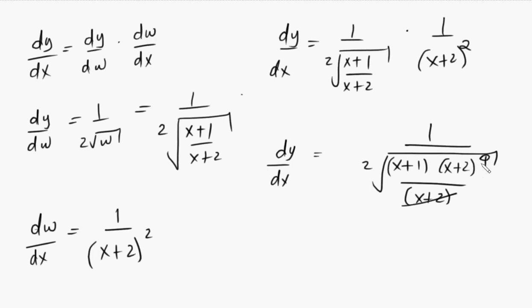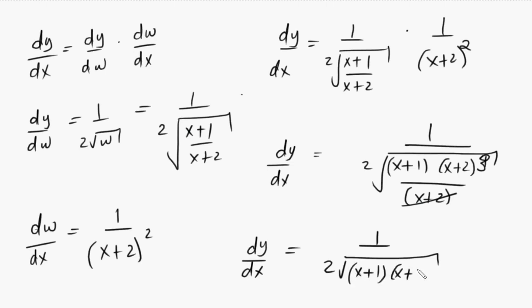So this one goes away here, and 3 remains. So my dy dx finally is just 1 over 2, this one is x plus 1 times x plus 2 to the power 3, all to the half. So this one is dy dx when y is equal to x plus 1 over x plus 2 to the power half. This is dy dx. I have used the quotient rule and the chain rule to get it.